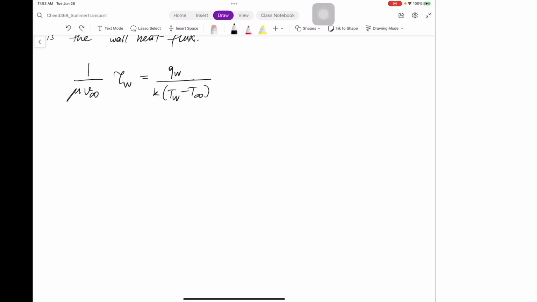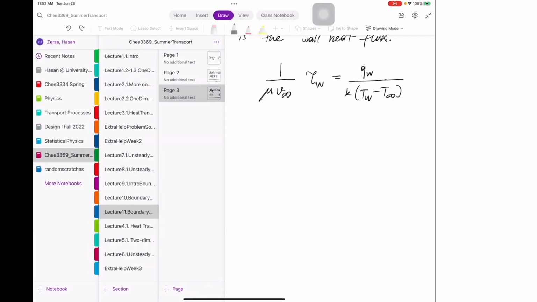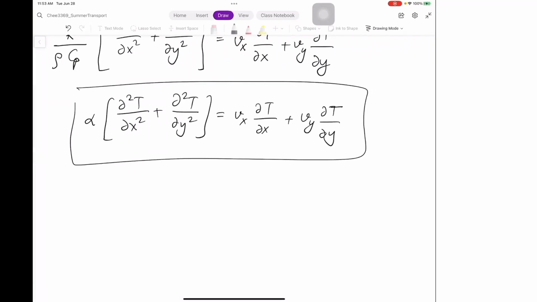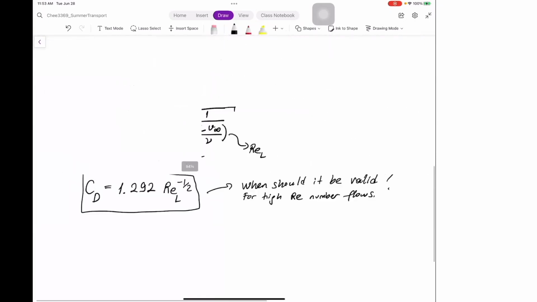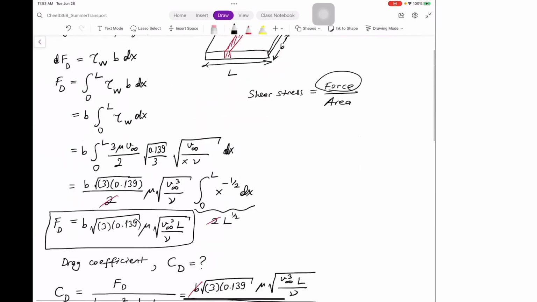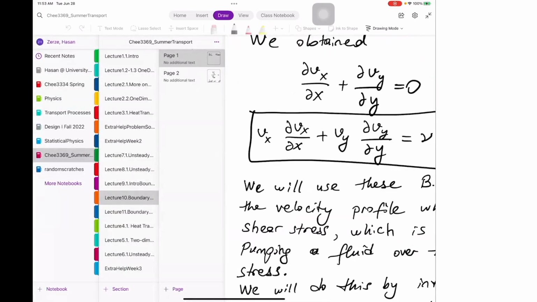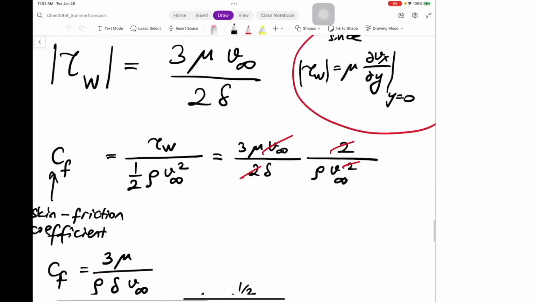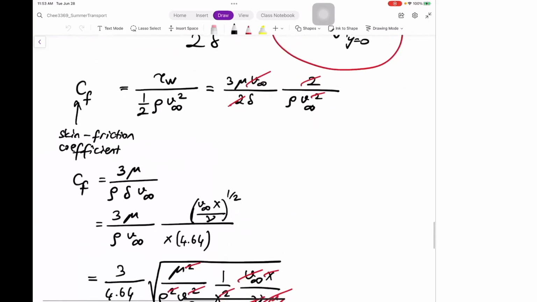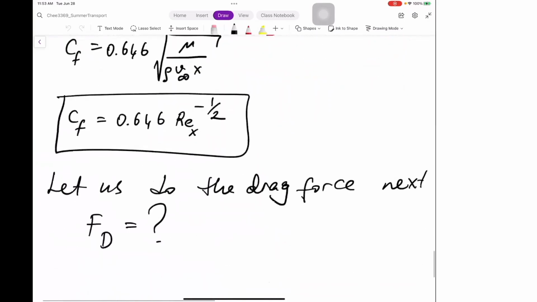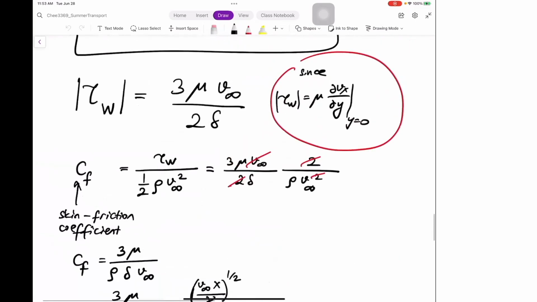And we can relate the tau wall to, what was the formula? Let's see. I guess we did this yesterday, and you related the skin friction coefficient to the tau.